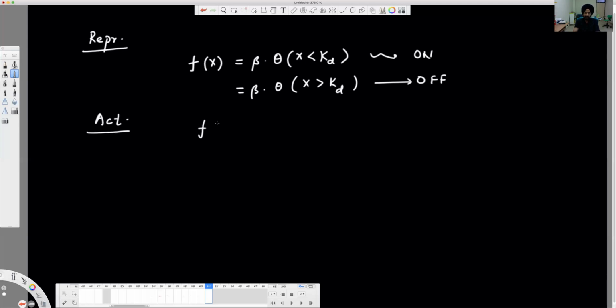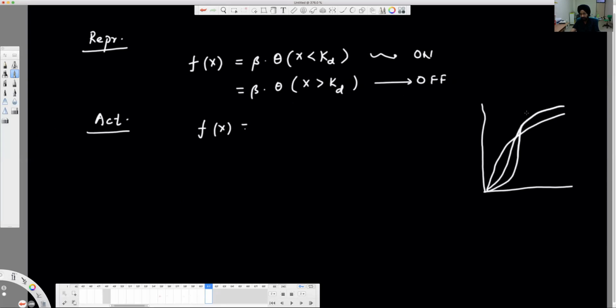So for activation, f of x, this curve would change. Let me plot it here for activation. For activation, you get a curve like that, and this curve becomes sigmoidal and then like a step function after certain n values.